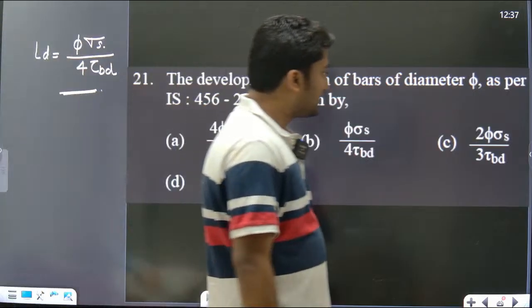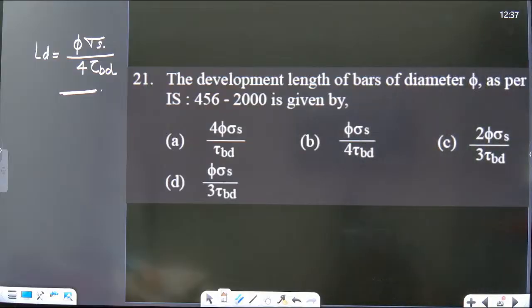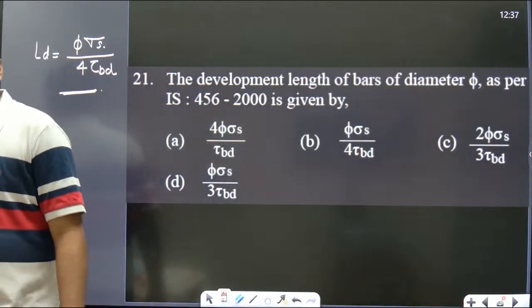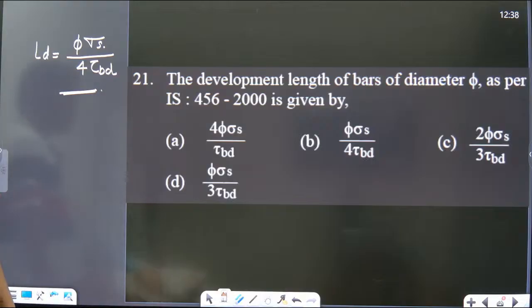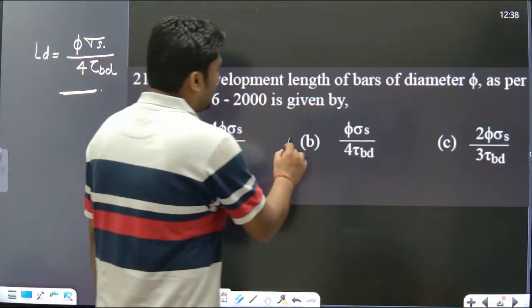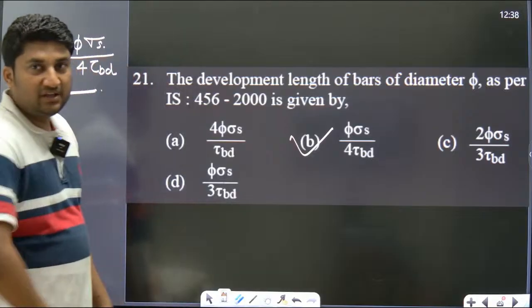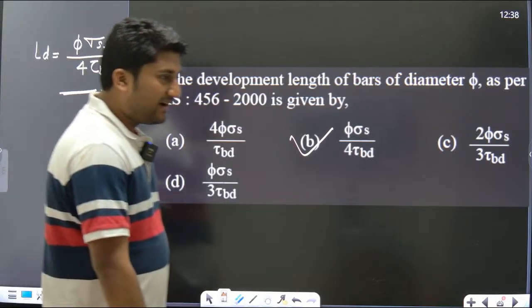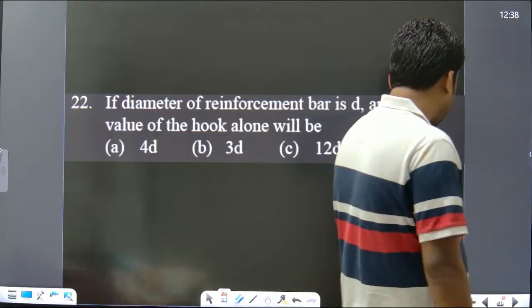So what is the correct answer? Option B is the correct answer. Understood everyone? Shall we move ahead? Next question.